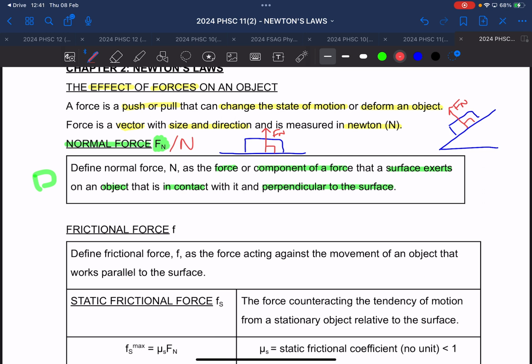Right. The next force that we are going to look at there is frictional force. Yes, you're writing now, June and November. Next year, March, June, September, November. So you'll write on this chapter 7 times in your high school career.